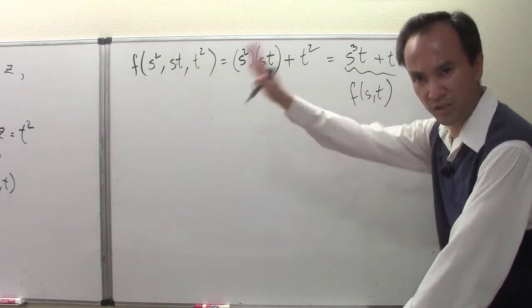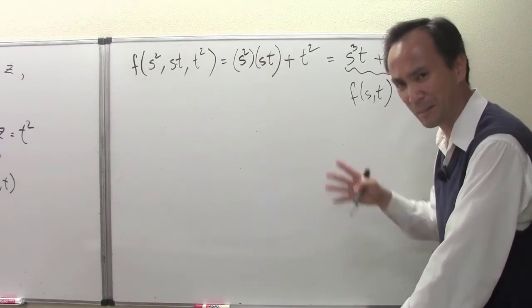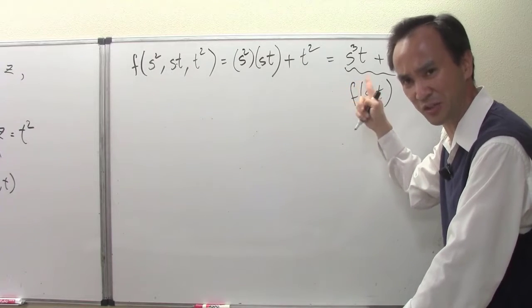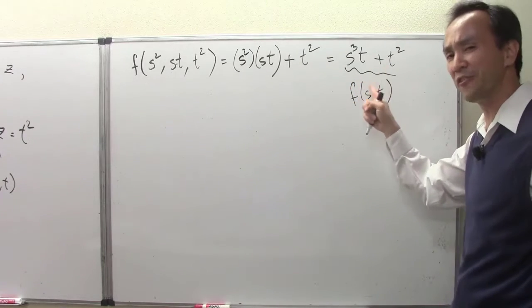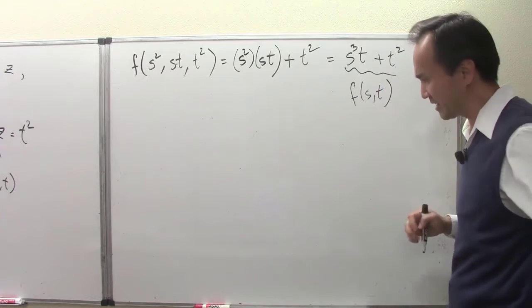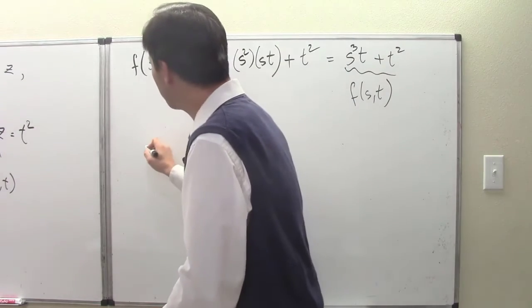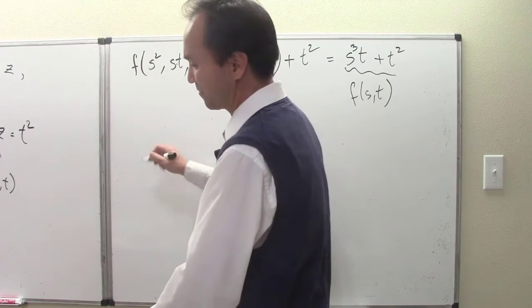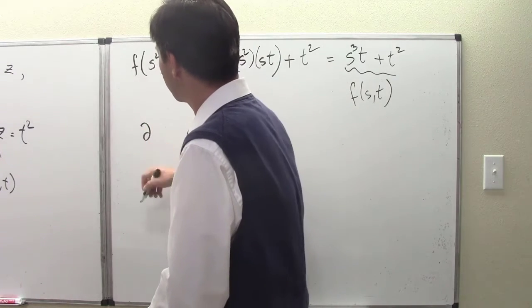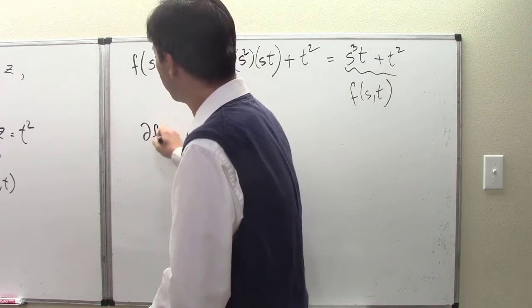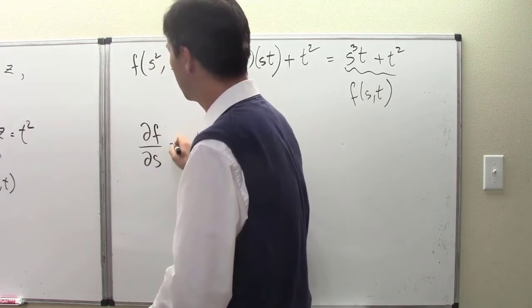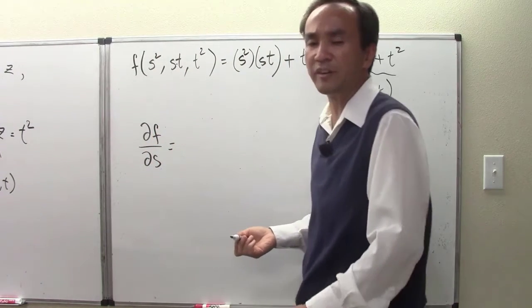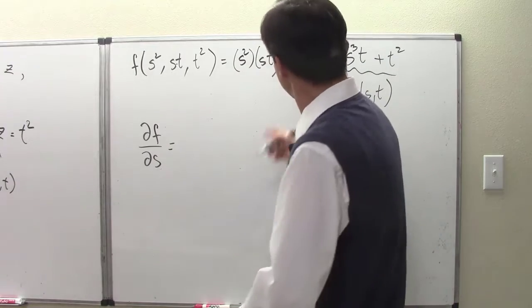And that's what I was saying earlier about what we expected to have, a final function in terms of s and t. From this one here we can easily find the following: df ds. Now just the usual partial derivative work comes out.